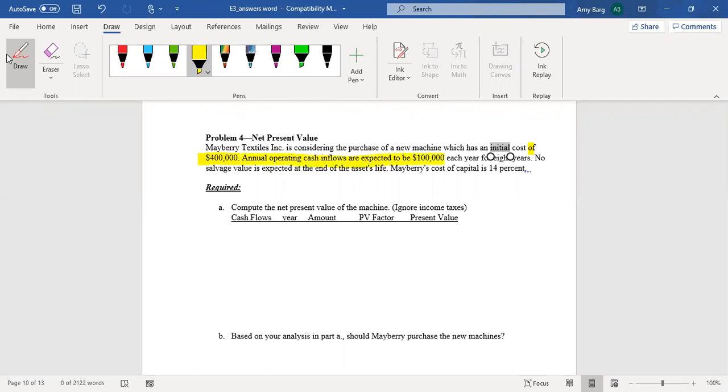Annual operating cash inflows are expected to be $100,000 each year for 8 years, and the cost of capital is 14%. So let's set this up. It tells us that there's an initial cost, so that's an initial investment in year 0 right now of 400,000, and this is an outflow, so it's negative, costing us money.